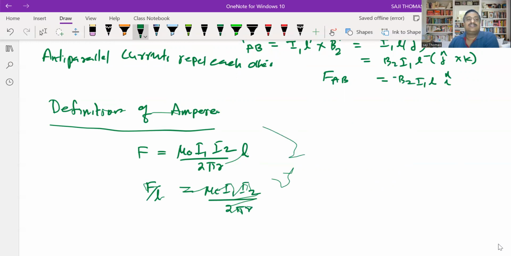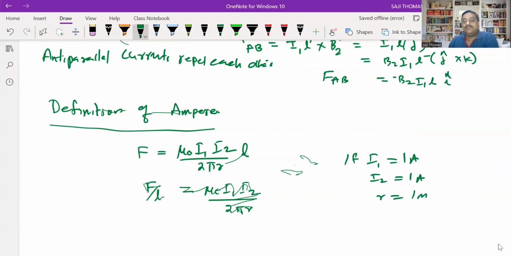If I1 equals 1 ampere, I2 also 1 ampere, and R equals 1 meter, then what will be the force per unit length?